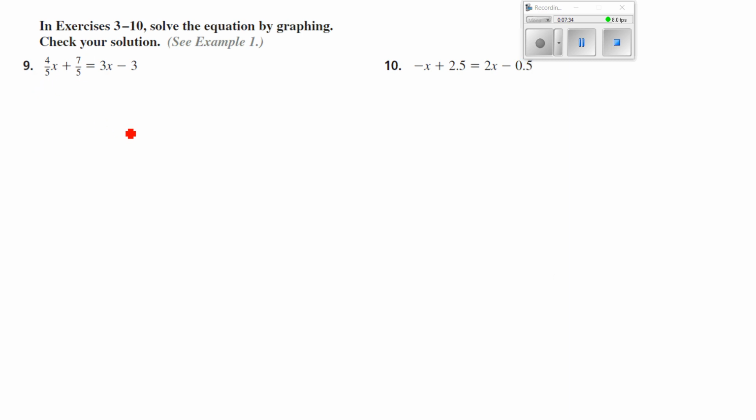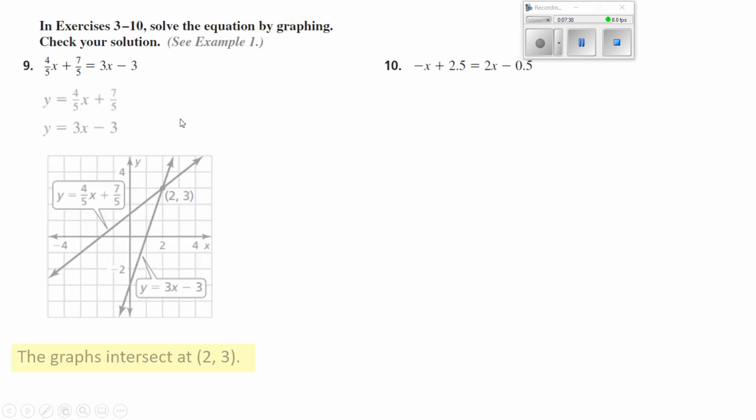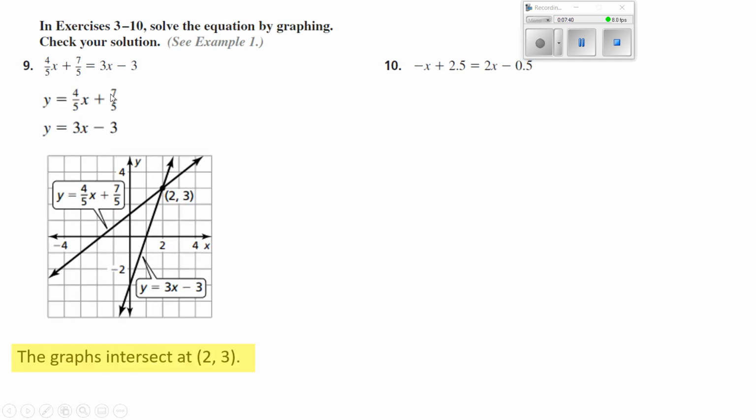This is going to make the graphing a little bit more challenging. So we're going to start at 7 over 5, which is really 1 2/5, right? That's going to be about right here, 1 2/5.